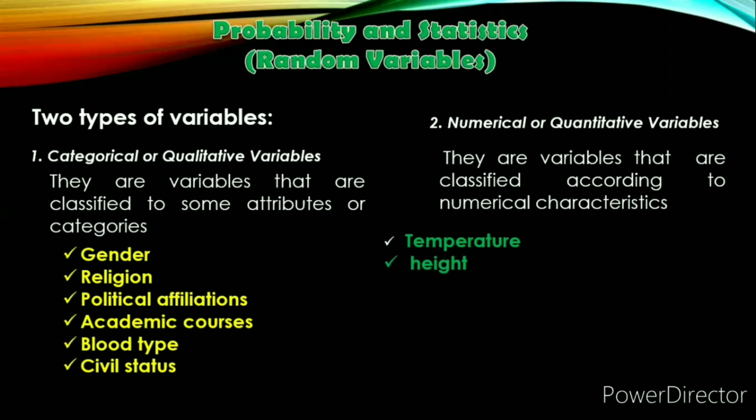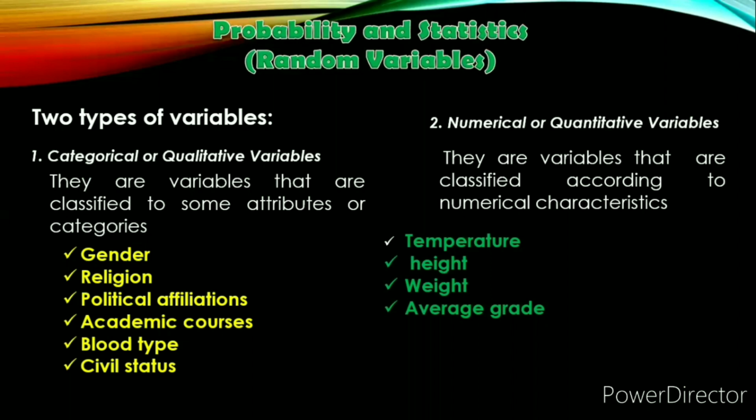The height also involves a number. Next one is your weight. It involves weight in kilograms. Height is in centimeters or whatever metric conversion that you need to use for this kind of measurement. Another is the average grade. Average grade is also a good example of numerical quantitative variables.